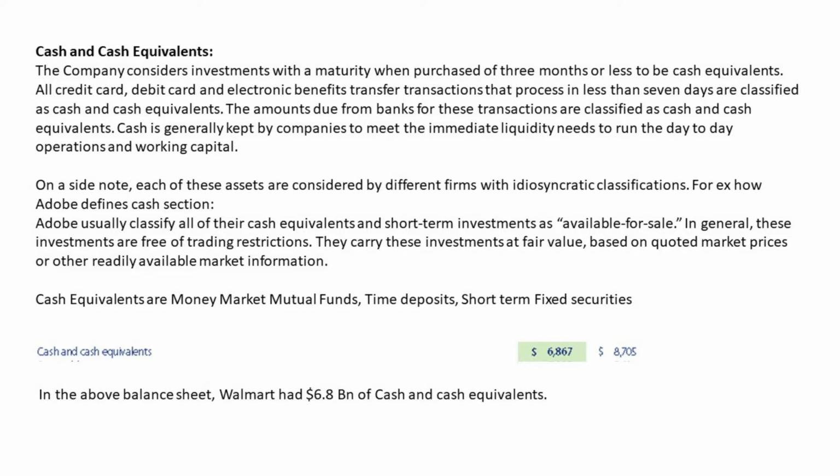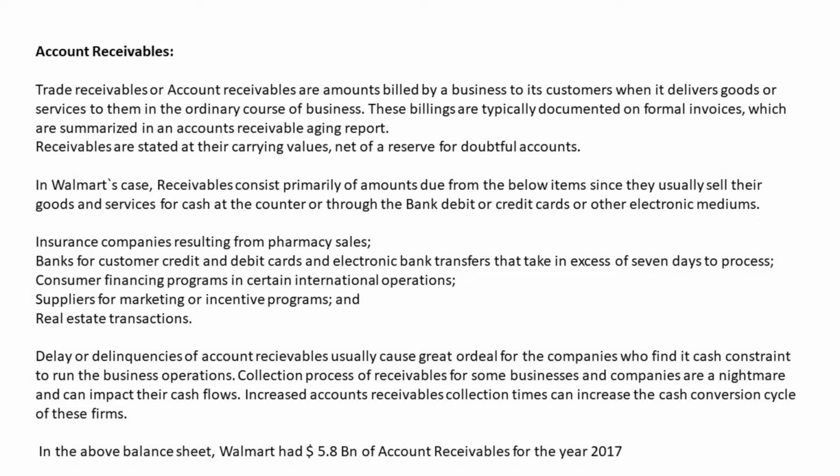In this case, Walmart had cash and cash equivalents of $6.8 billion in 2017, and it has come down, right? So if you see, that was $8.7 billion of cash and cash equivalents. So account receivables, alias trade receivables, are amounts billed by the business to its customers when the business delivers goods or services to them in the course of the business.